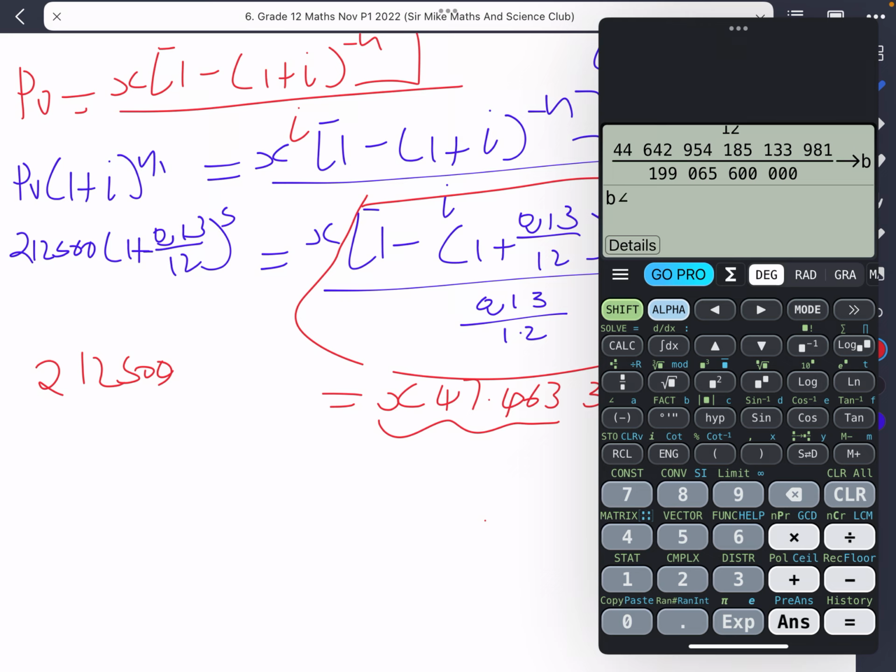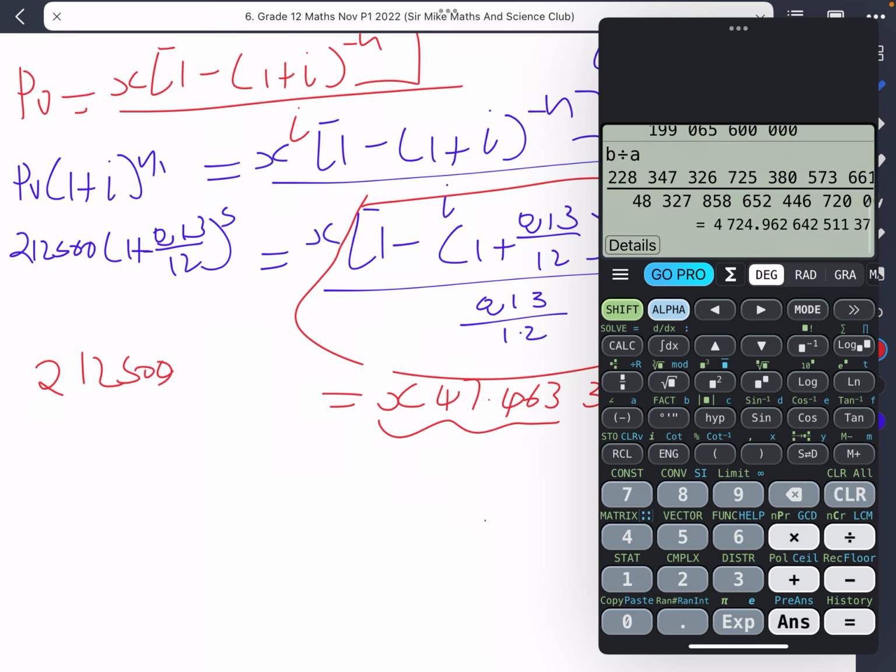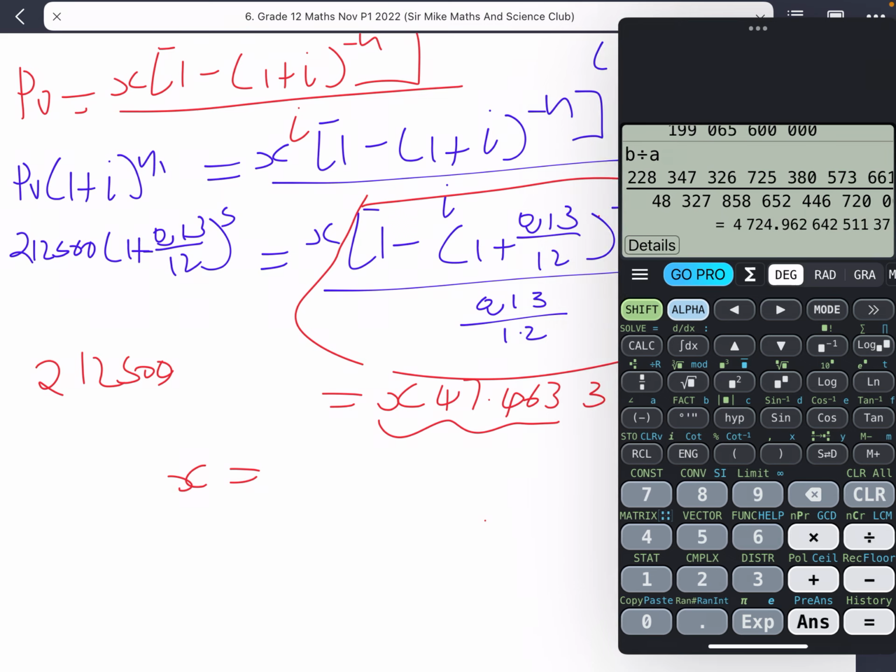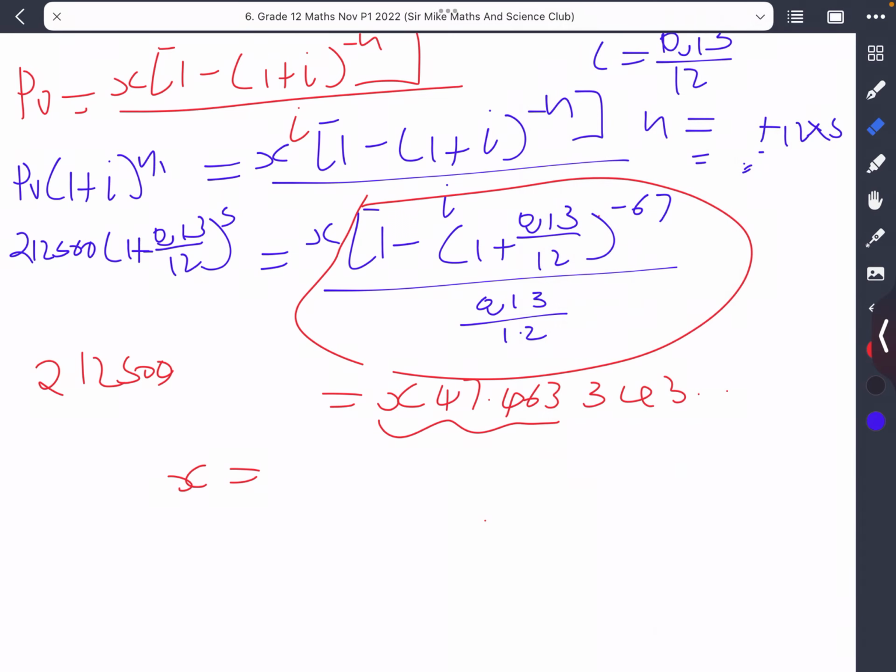We take this value into the calculator, and then you would divide it by the coefficient of x. I'm gonna store this also at B.